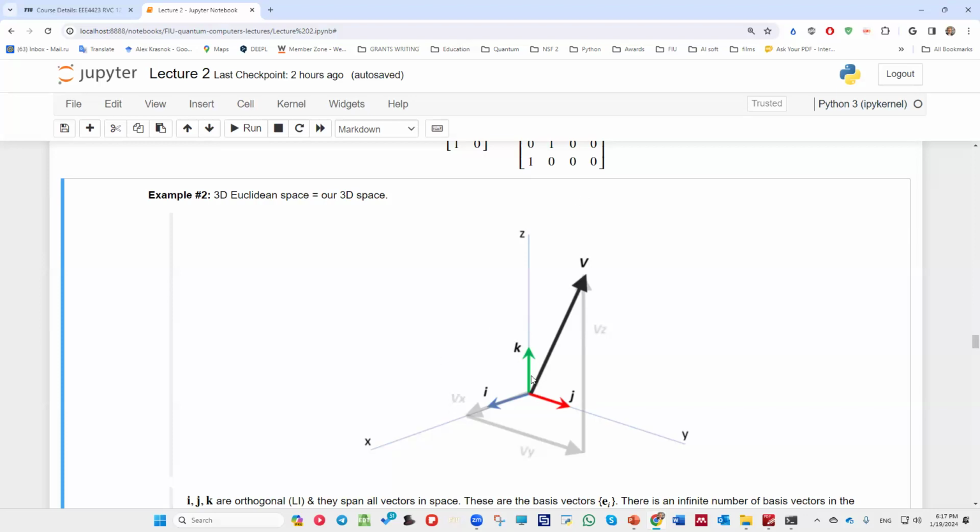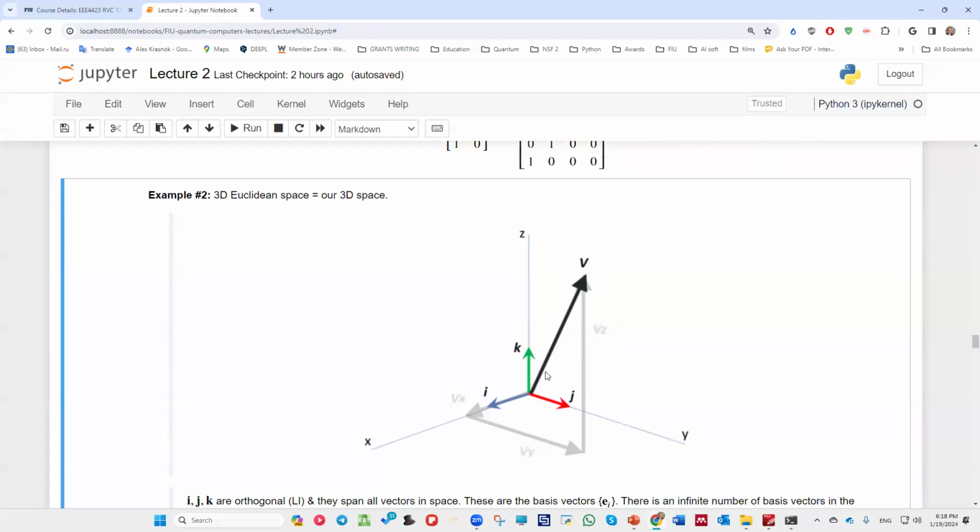If you look at the corner of your room, this can be one wall, this can be another wall, this can be a floor, and you can easily imagine these axes x, y, and z in your room. In this space, we introduce the basis vectors i, j, and k. These are three linearly independent vectors, and there are only three vectors which are linearly independent. All other vectors will be defined by these three.